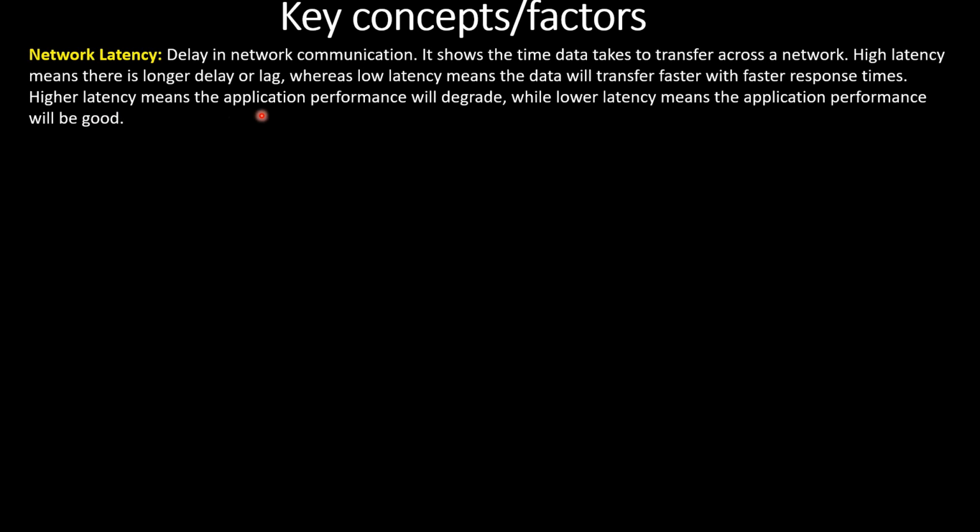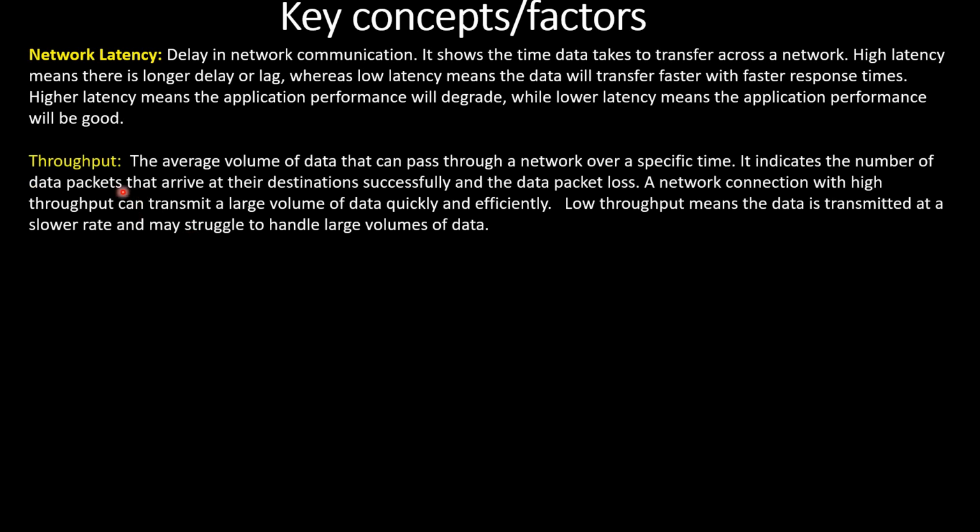Higher latency means the application performance will degrade, while lower latency means the application performance will be good. High latency affects the user experience and customer satisfaction. Although all applications prefer low latency, there are specific use cases for which low latency is critical. For example, streaming applications like multiplayer games, flight ticket booking websites, etc.